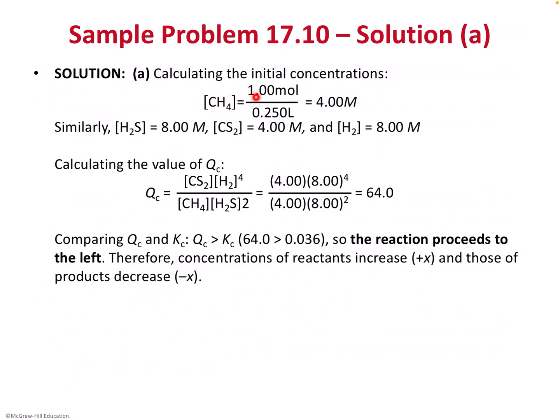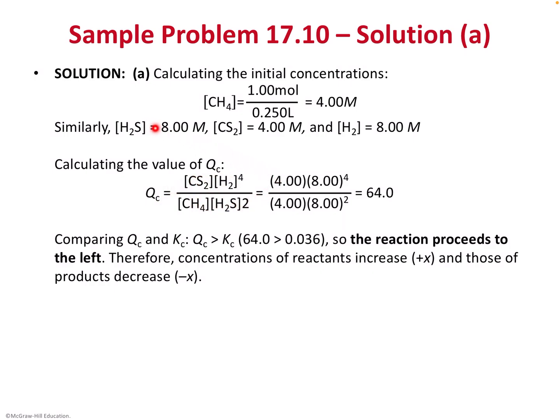Methane, number of moles 1, volume 250 milliliters, convert into liters, it's 0.250, so 4 molar. So likewise, the number of moles of H2S over 0.25 liters, and we can find out the concentrations of all other three. Okay, so the Qc expression, we know how to write the Qc expression, products concentrations over reactants.